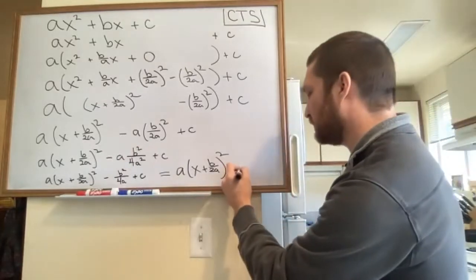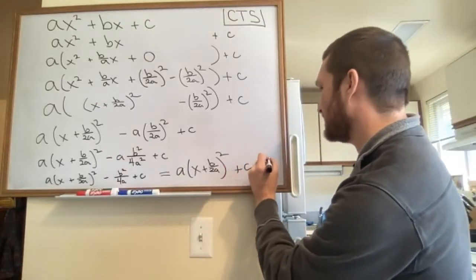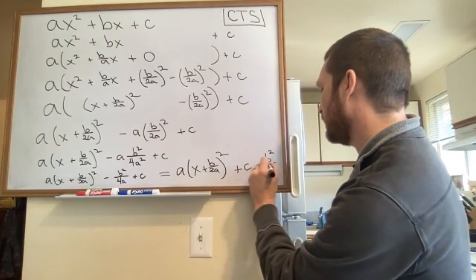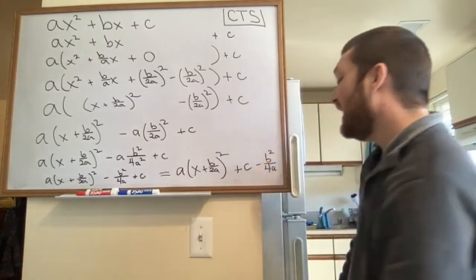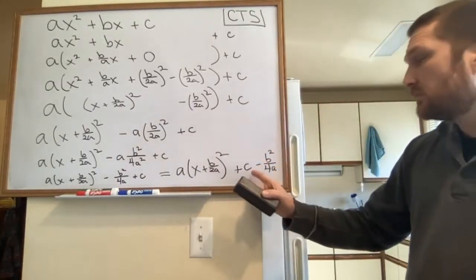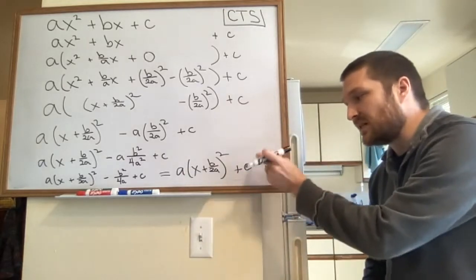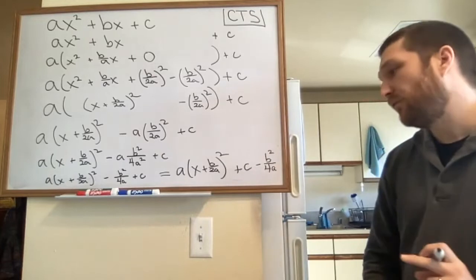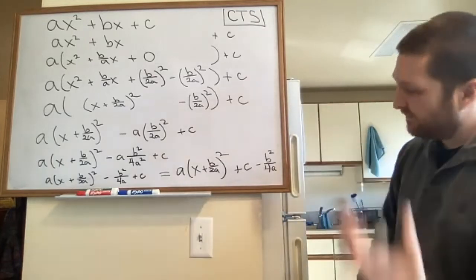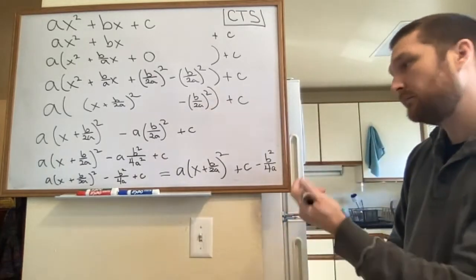So I'm going to write that as plus c minus b squared over 4a. And if I wanted to, I could put this all over a common denominator, multiply the top and the bottom of c by 4a. I'll have 4ac on the top, 4a on the bottom.